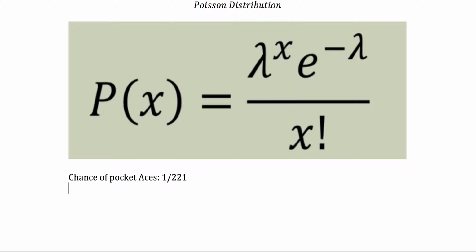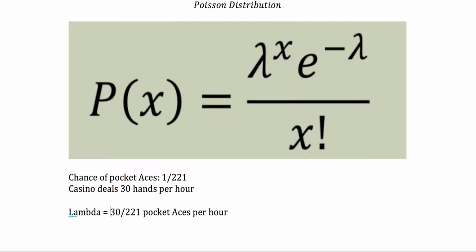We know that a casino deals 30 hands per hour. So on average, we will get 30 over 221 pocket aces per hour. So this becomes lambda.